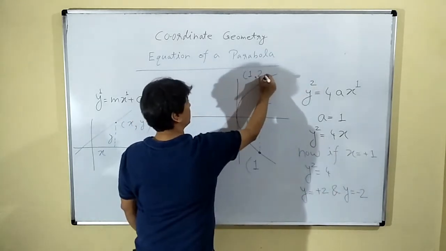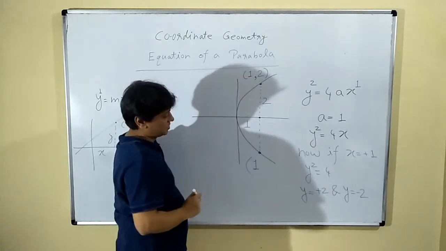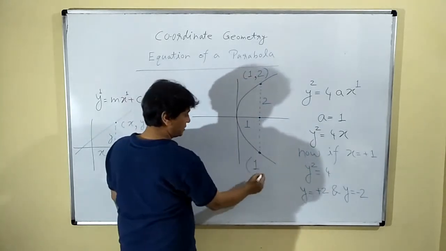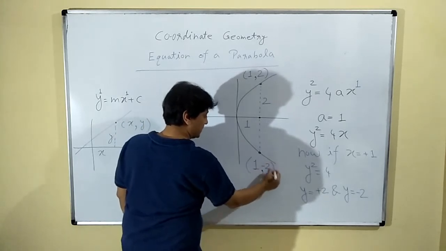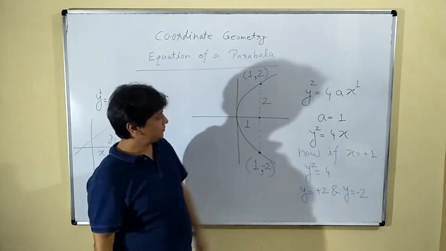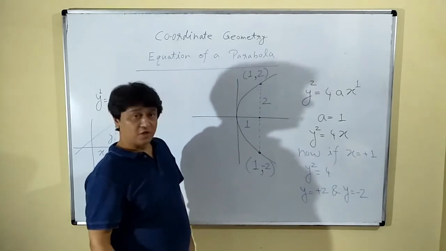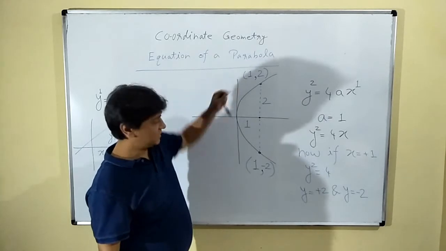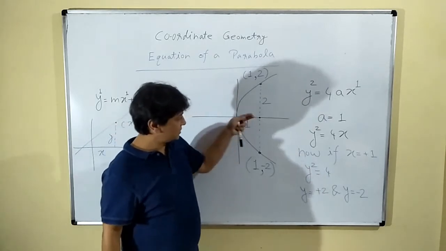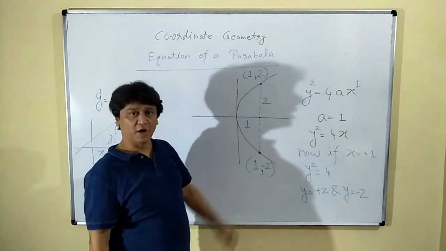And therefore y coordinate is 2. Whereas for this point, your y coordinate is what? Minus 2. And therefore, for a given value of x, you're getting two values of y.